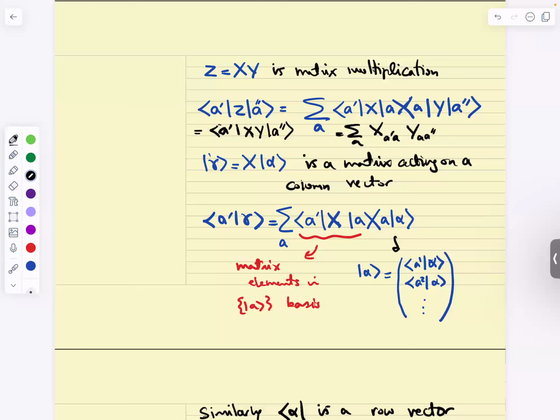What is this? It's the matrix multiplication rule that you've learned, right? You take a row and multiply element by element by columns. This is matrix multiplication. This is the row, this is the column, this is the row, this is the column, you sum over A.